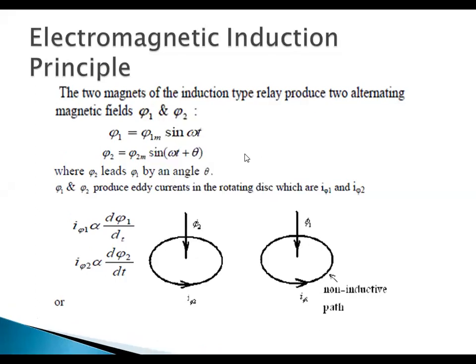In morning's lecture, we have seen the electromagnetic induction principle. Principle means how actually the phasor displacement is achieved. That we have seen, and the torque equation is obtained. For the moment we require torque.